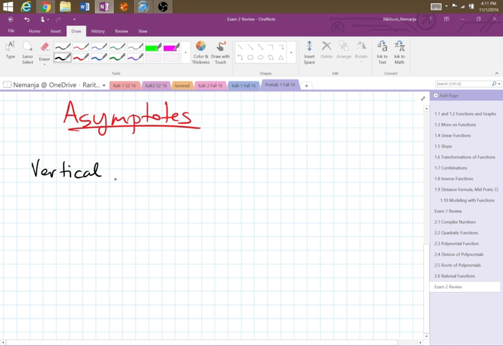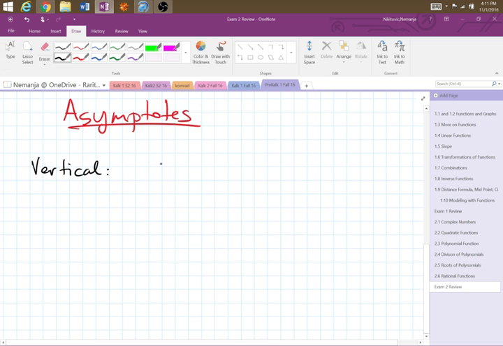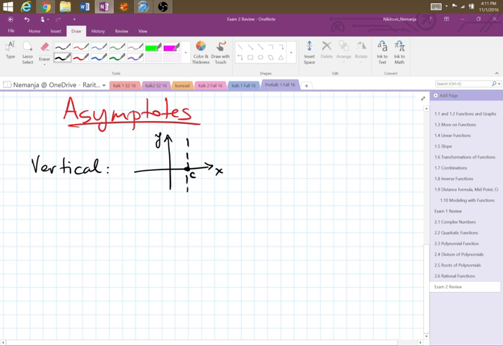So a vertical asymptote is going to be this vertical line that goes through a value, obviously, on the x-axis. So in this case, it will be x equals c. It cannot be crossed, it cannot be pierced through. So vertical asymptotes are always strong.